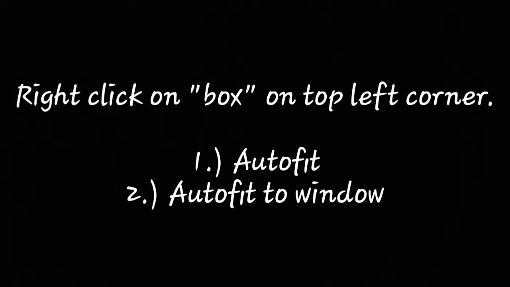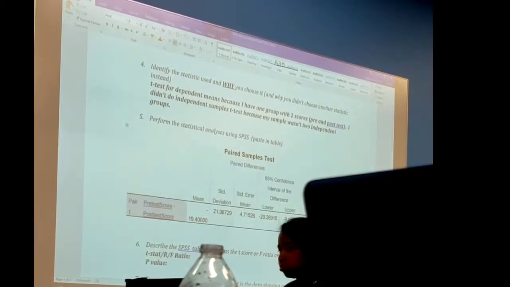So you don't see the whole thing. So you're going to click on the box right here, the plus. Right-click, auto fit to window. Then it brings it all into what we need it to be. We're tracking? Yes. All right.